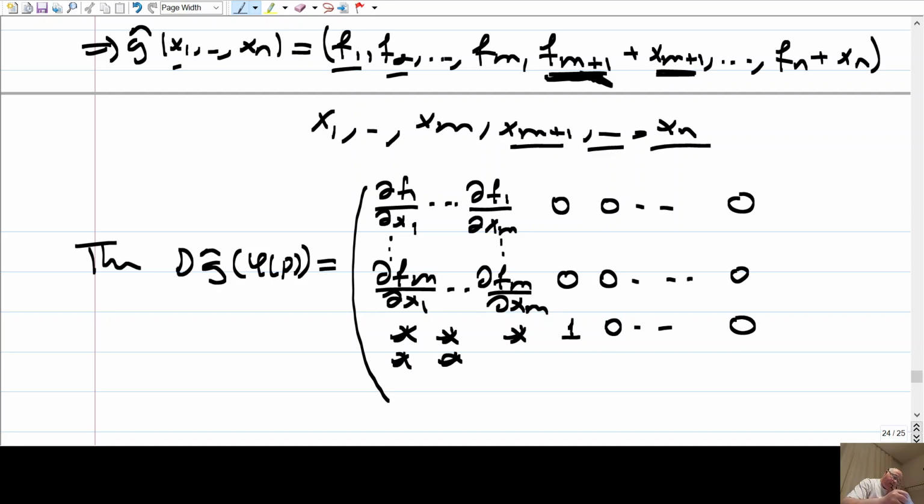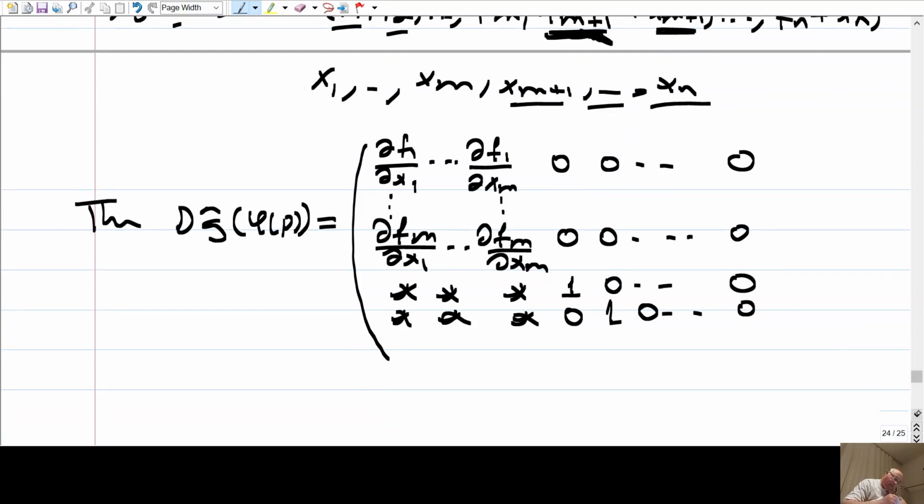And then I have again some stars here, and then for x_{m+2} I have 0 and then 1, and then again zeros like this. So it goes like this up to the last coordinate.